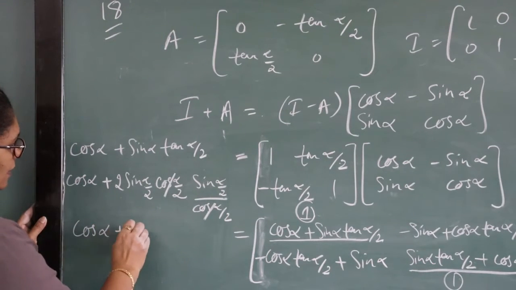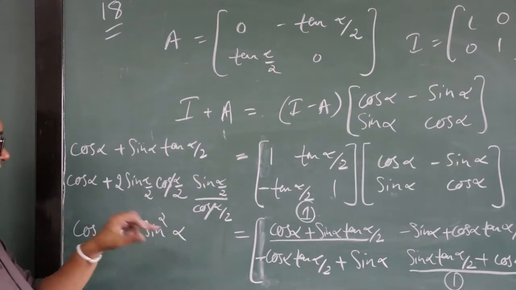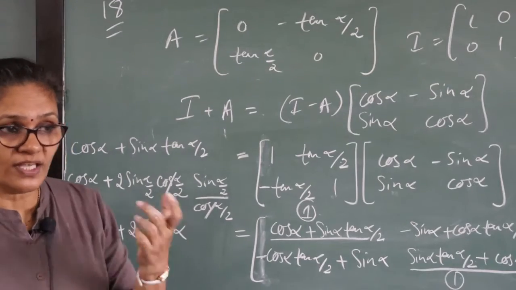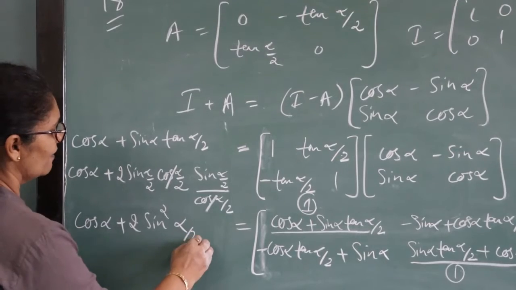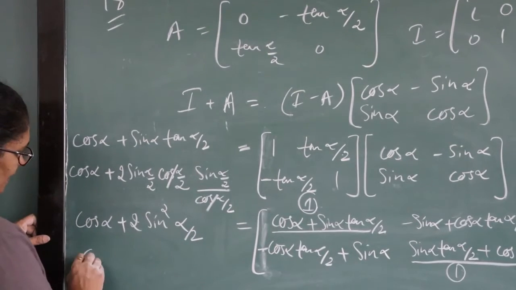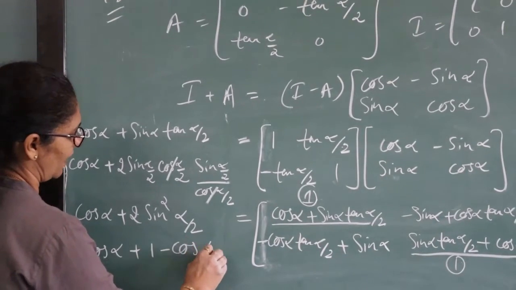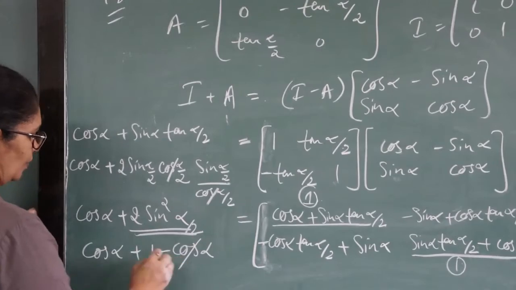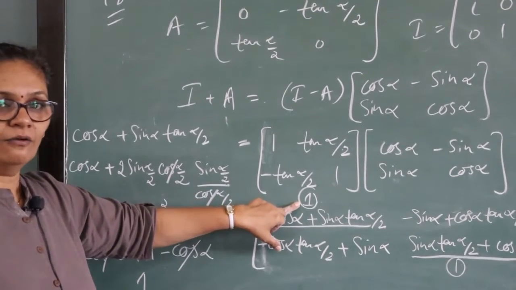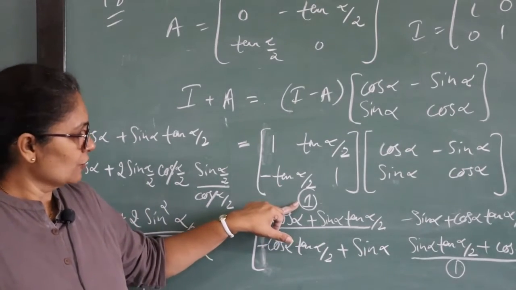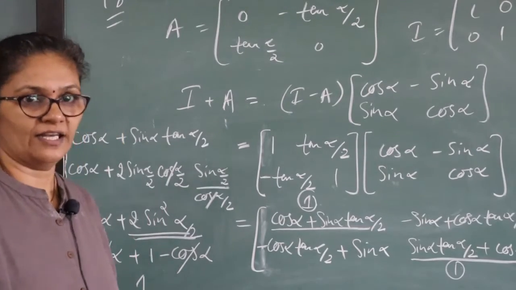The required part becomes 2 sin square alpha by 2. What is the formula for 2 sin square alpha by 2? We already learned in 11th standard that 2 sin square alpha by 2 is 1 minus cos alpha. So plus and minus cos alpha cancel, and you get the answer 1. Here we require 1 only, so the answer is 1. Now we solve the second one.